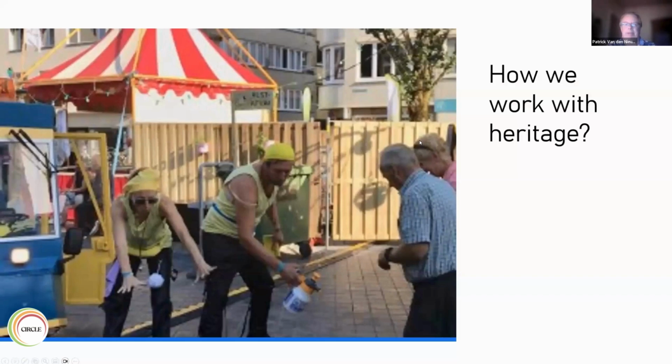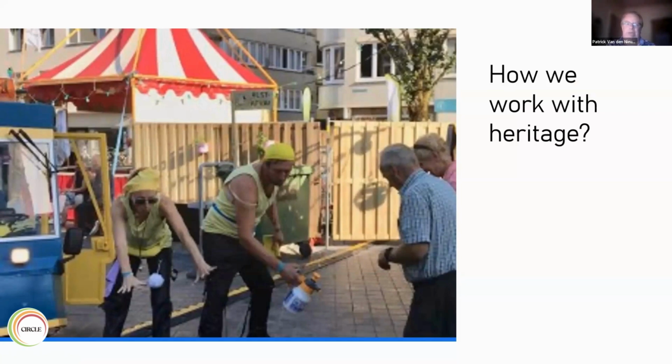And then this one is going in the direction of making a social connection, that you use heritage and the objects, the traditions, and the archives, photos, and so on, but you bring it back into the community.